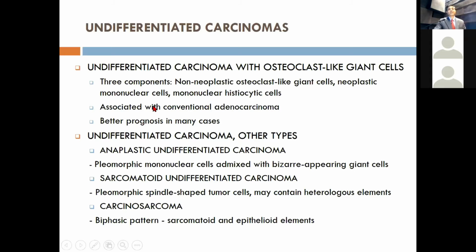In many cases they are associated with a conventional adenocarcinoma component, which we saw also in our case. The undifferentiated types are highly aggressive tumors. They have overlapping morphologies and can be classified into the anaplastic type, which we just saw, the sarcomatoid type, or the carcinosarcoma.